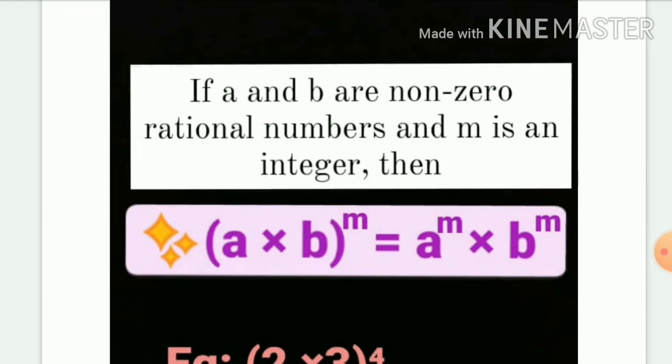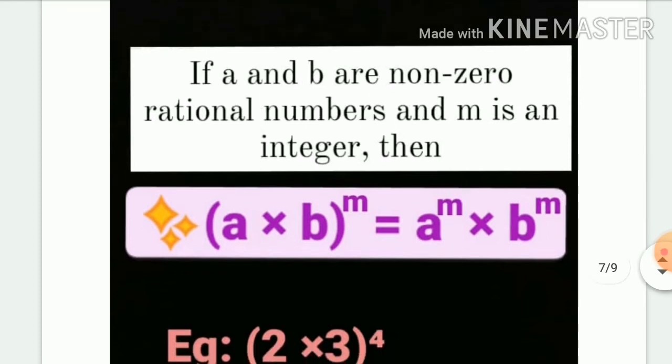For example, if a and b are non-zero rational numbers and m is an integer, then what will happen? A and b are non-zero, so two different bases, and m is an integer and the index is the same. In the previous case, the same base and different indices were there. Now different bases with the same index.